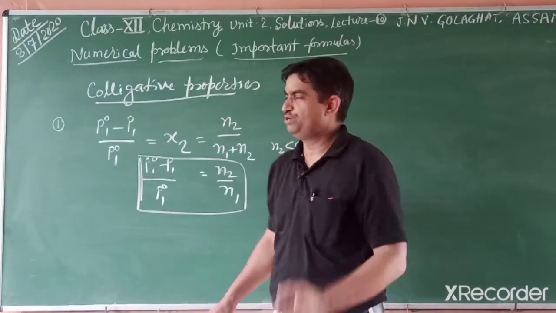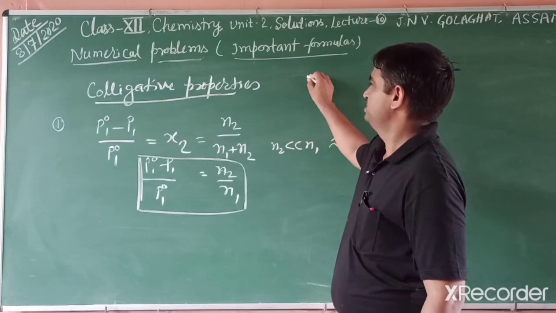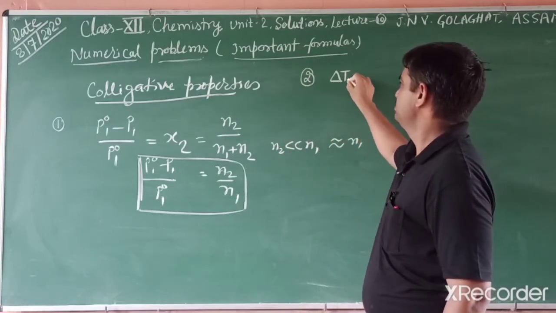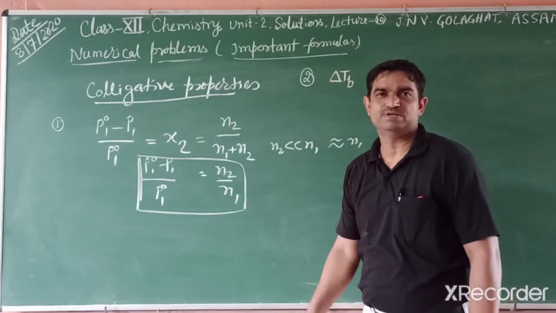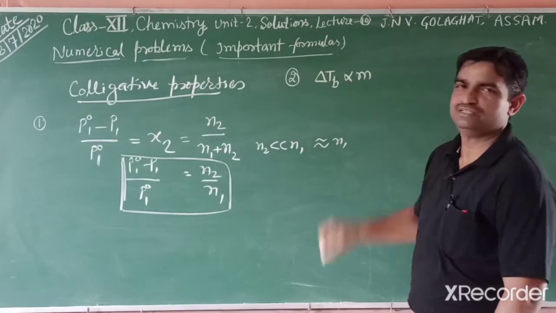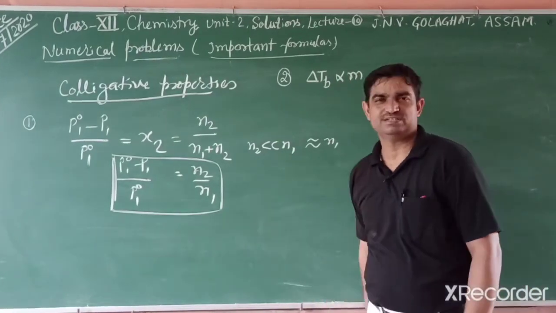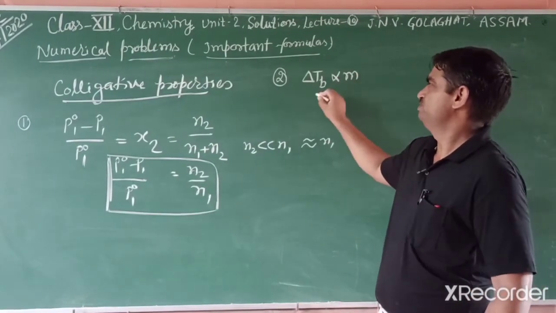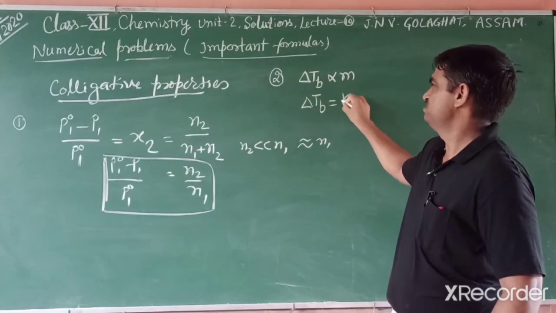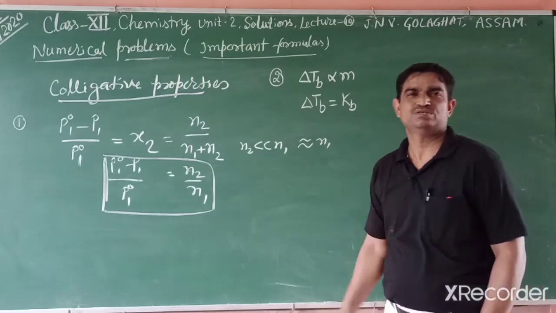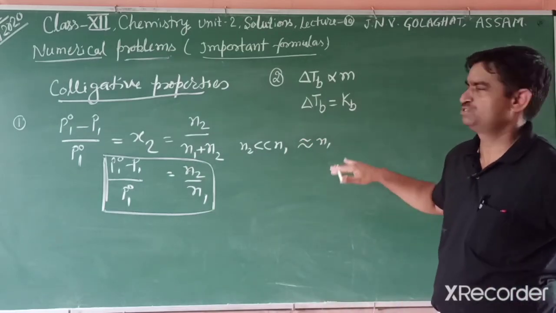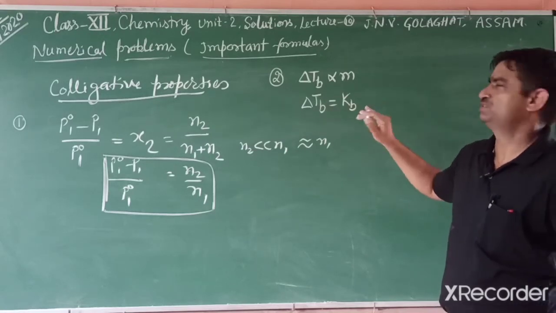The second colligative property is the elevation of boiling point of the solvent. Delta Tb, the elevation of boiling point, is directly proportional to molality, which we already studied. When we remove the proportionality sign, we write Kb, the molal elevation constant, also called the ebullioscopic constant or boiling point elevation constant.